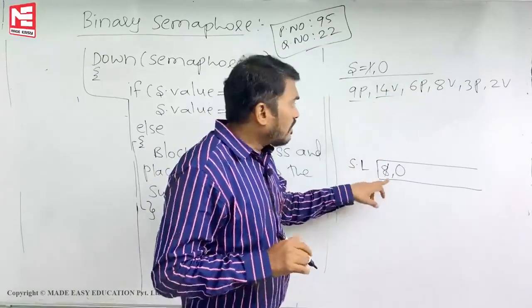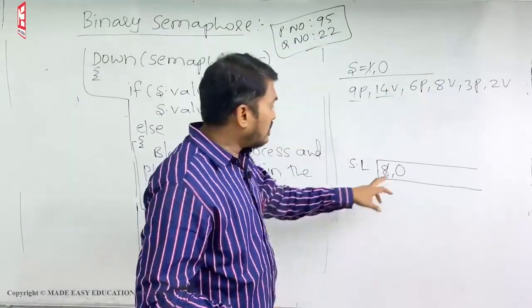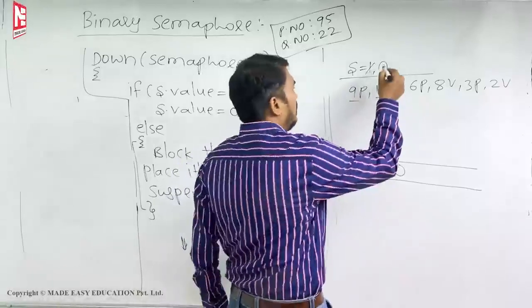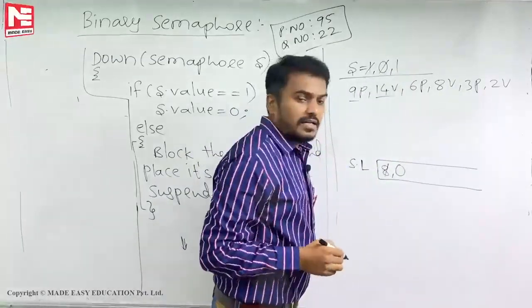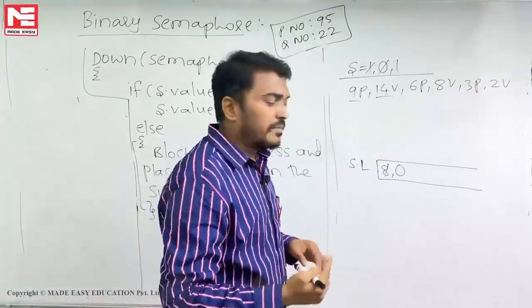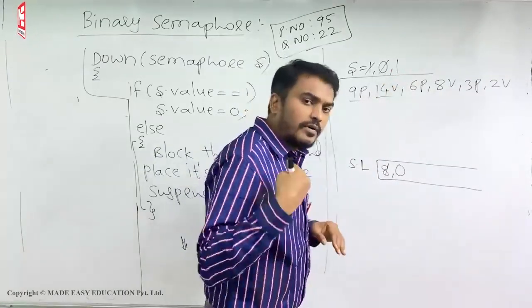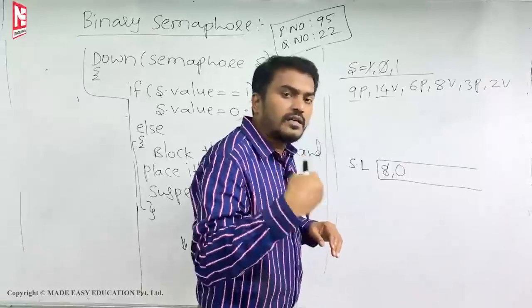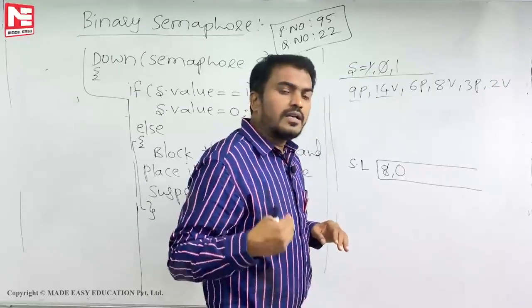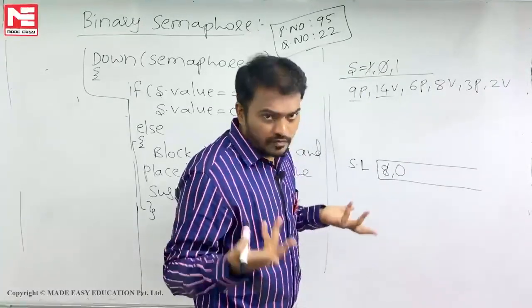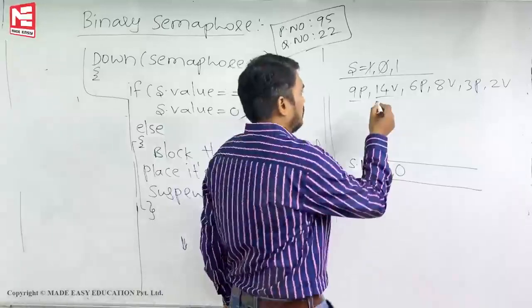When you perform the 9th up operation, the suspended list is now empty, so the semaphore value becomes 1. On the 10th up operation, the suspend list is still empty, and the semaphore value remains 1 only. For 11, 12, 13, 14, it will remain 1. No matter how many up operations you perform on 1, it will remain 1. So this is completed.